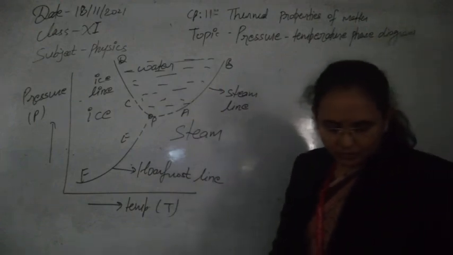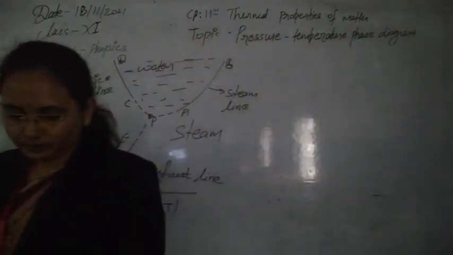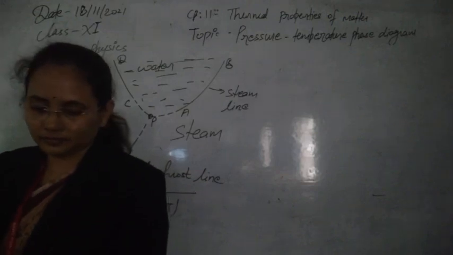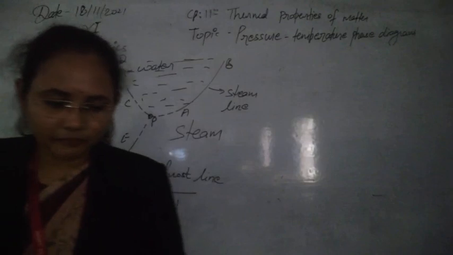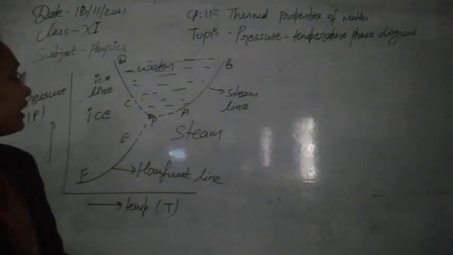So let's see the explanation of this diagram first. For the explanation, the first line that we have is AB.